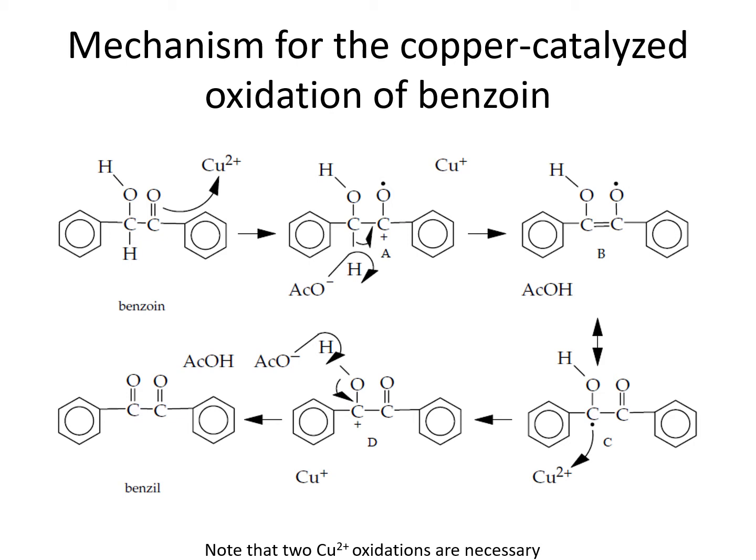The copper takes the electron, creating a deficiency on the carbon atom, which will become a carbocation, and then the acetate will take the hydrogen, and the hydrogen-oxygen electrons will delocalize to a carbon-oxygen bond, making the second carbonyl carbon, and with that the product is formed.